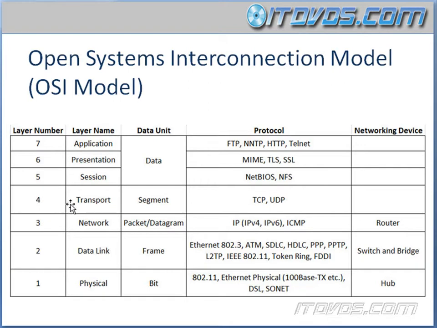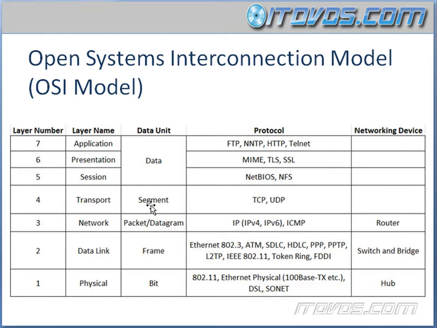The next layer is layer 4, our transport layer. And now we're getting into the actual networking part of our OSI model where the data is done being manipulated and we're going to encapsulate it, that means surround it with actual networking information so that it can be sent to the proper place, the proper destination.